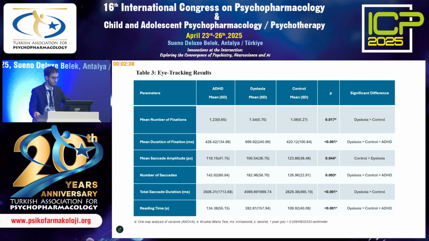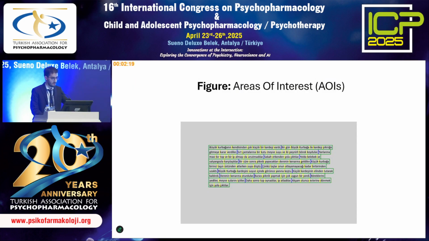The dyslexia group for the fixation time, fixation and saccade numbers, saccade timing was different compared to the healthy group. Again, the dyslexia group was also different compared to the ADHD group.